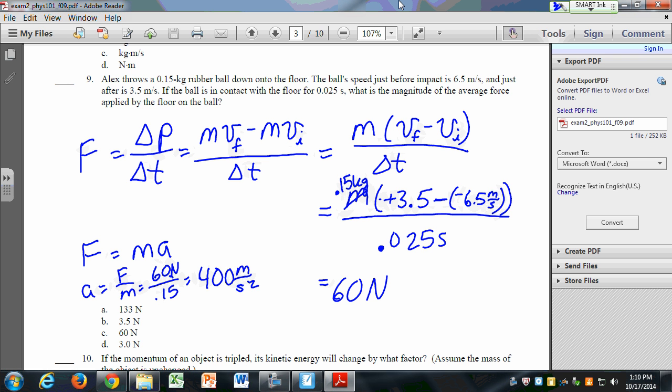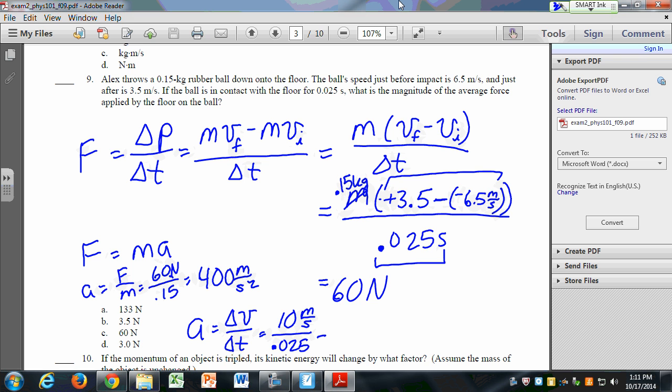Let me show you. That's our definition of acceleration, delta v over delta t. That's going to be this quantity, which is 10 meters per second, divided by the change in time, which is 0.025 seconds. And that is 60, right? Or 400 rather. Yeah, 400 meters per second squared.